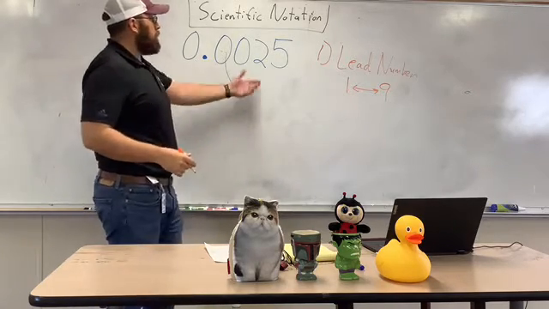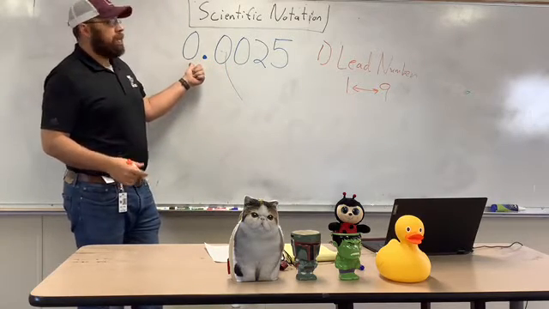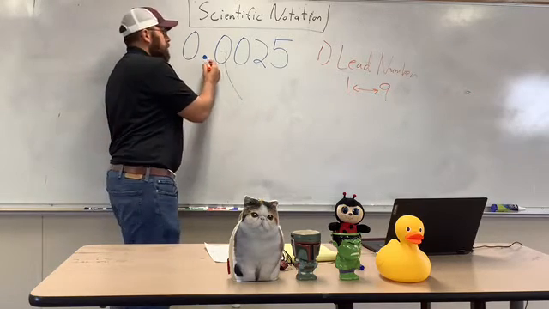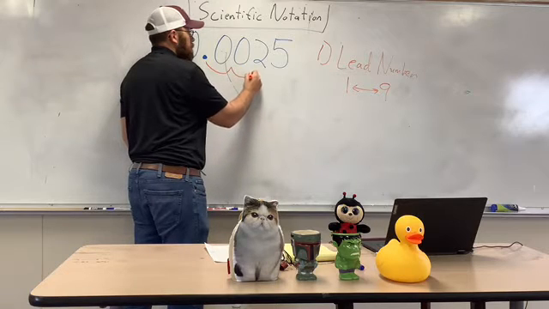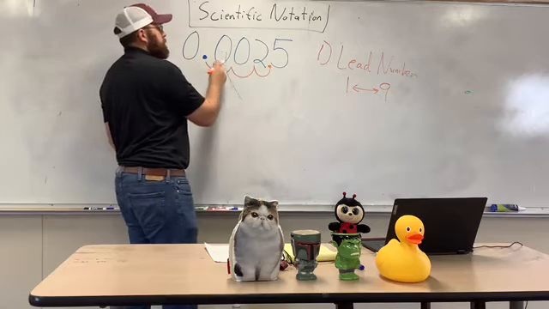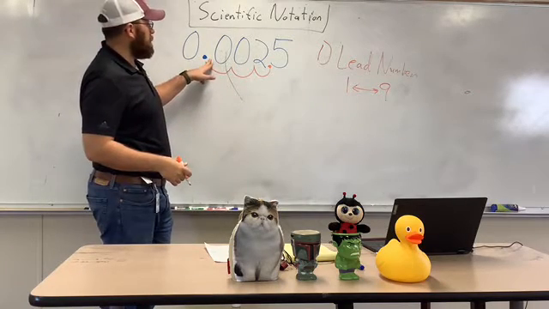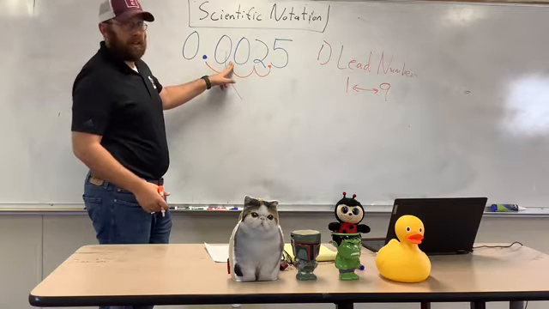So what do I have to do to get the lead number here to be between 1 and 9? I have to move the decimal. Alright, so 1, 2, 3 places. Every time you move, you have to count it. So I'm moving my decimal place to the other side of that digit.